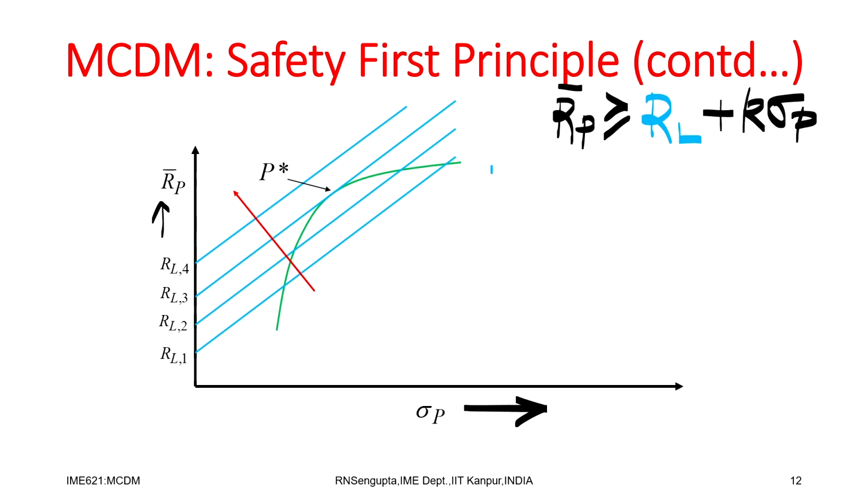In the first case, I take RL suffix 1, and based on this the equation is given, where I circle RL1. When I change to RL2, the equation is the second one. Change it to RL3, the equation is the third one.